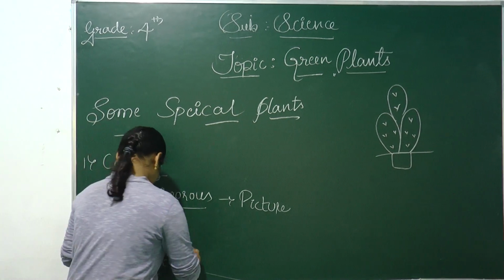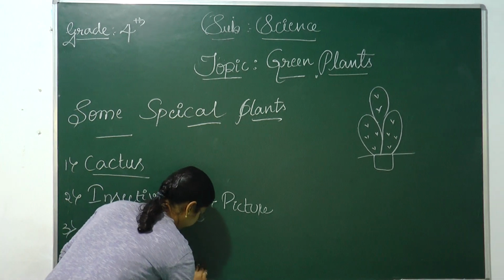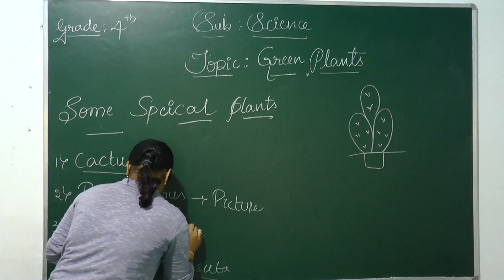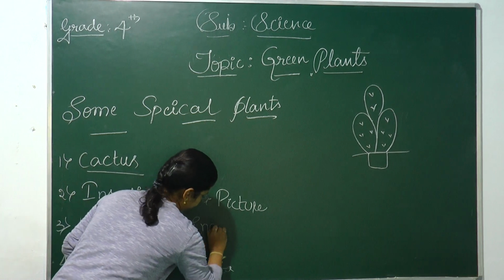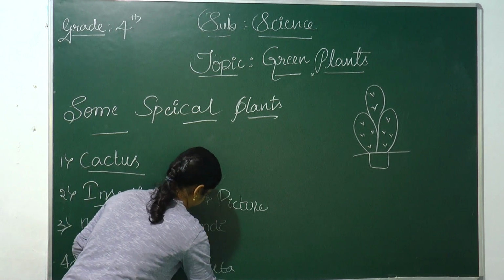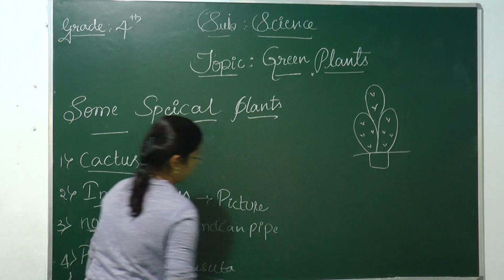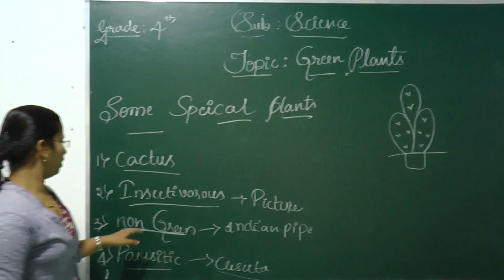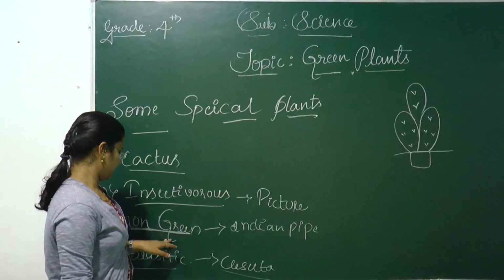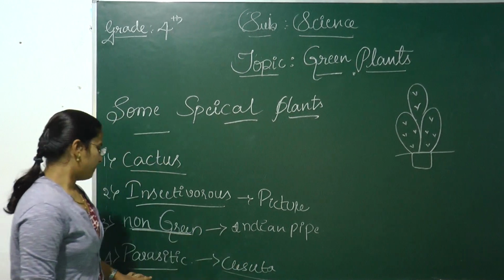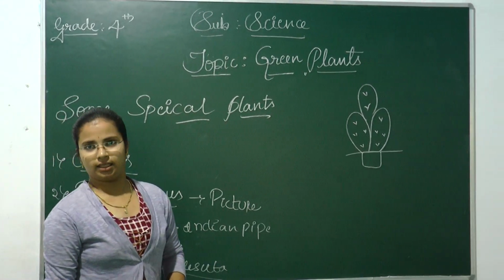For example, Cuscuta. In the picture, the non-green plant is Indian pipe, and the parasitic plant is Cuscuta.